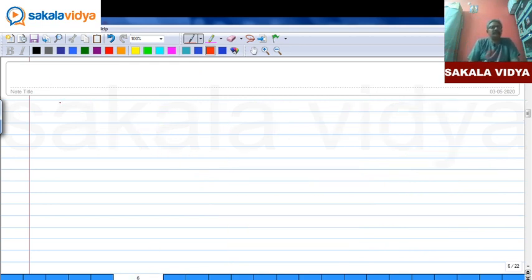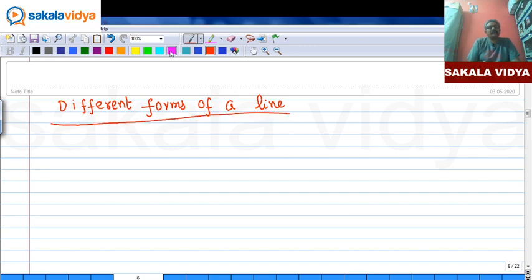Okay, one more thing now. Next, different forms of a line. So, the first form is slope intercept form.